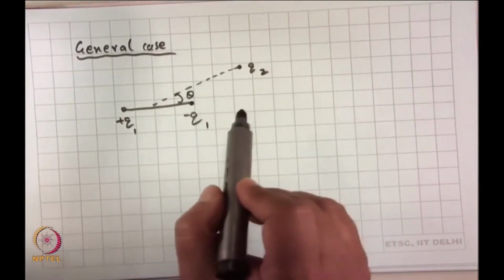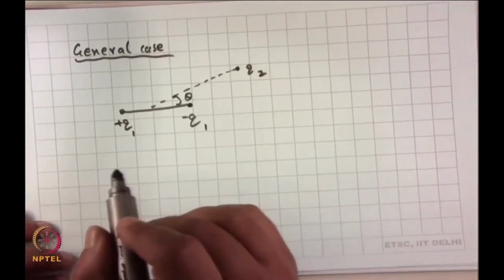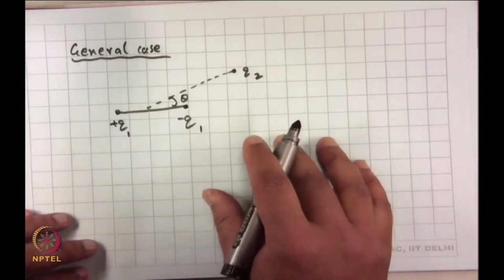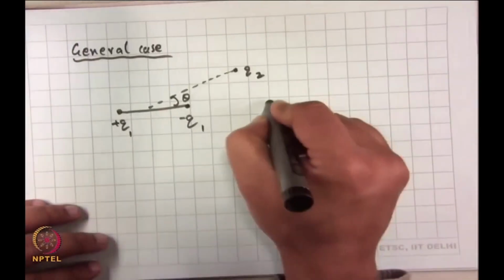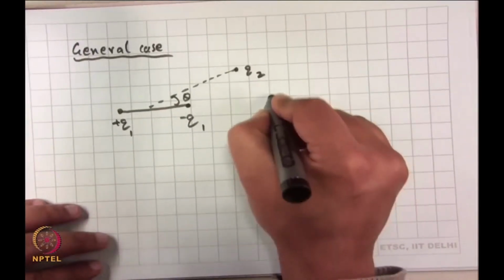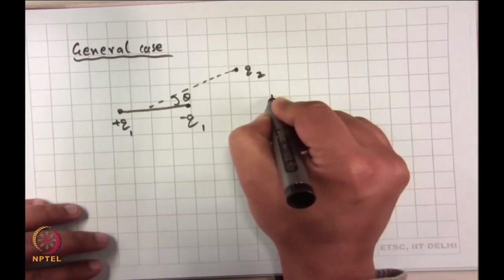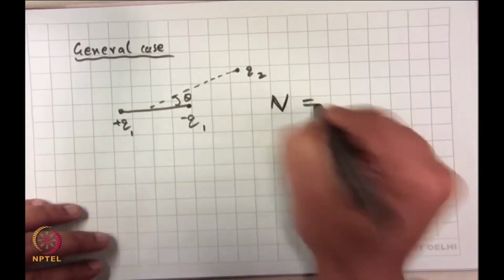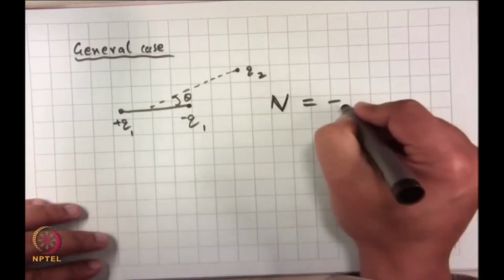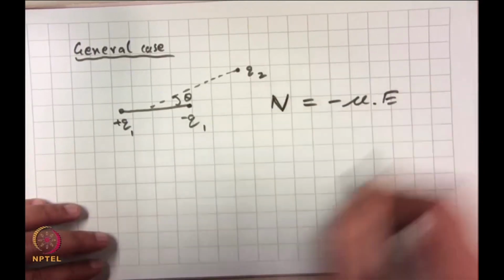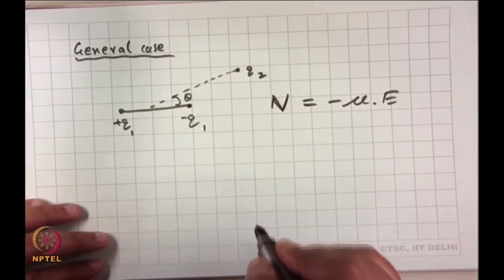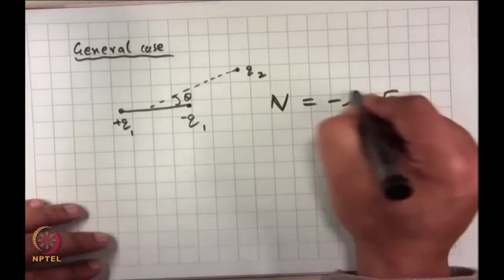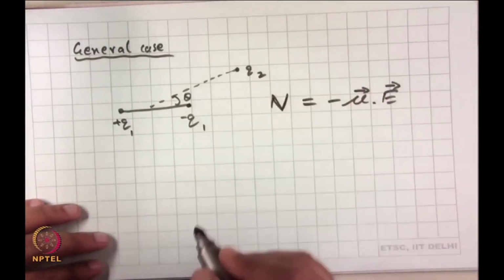If this is the case, then what people have shown is that the interaction potential energy I can write as V is equal to minus mu dot E. Remember, these are vector quantities.